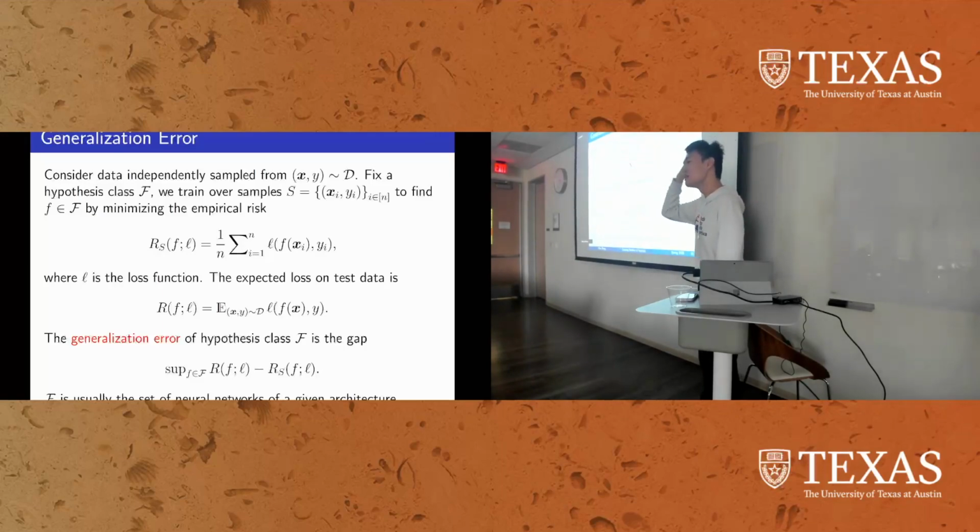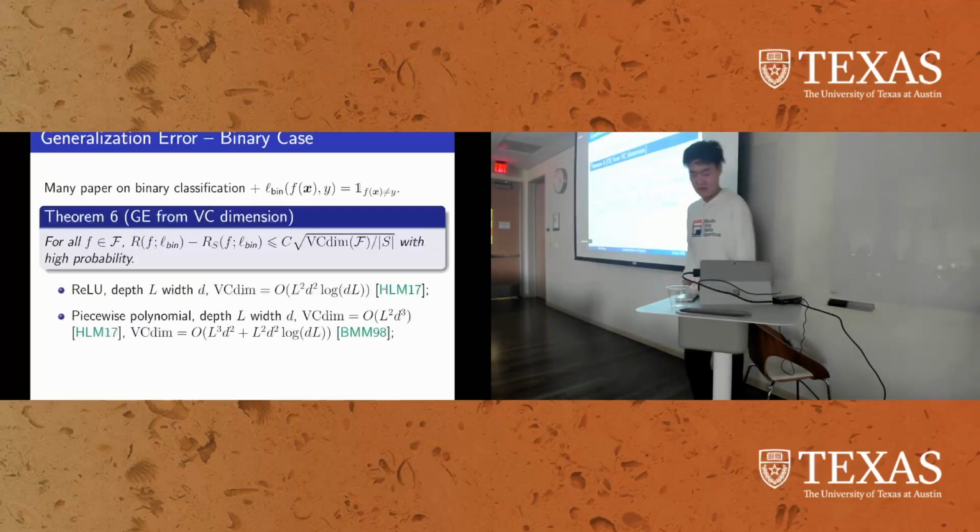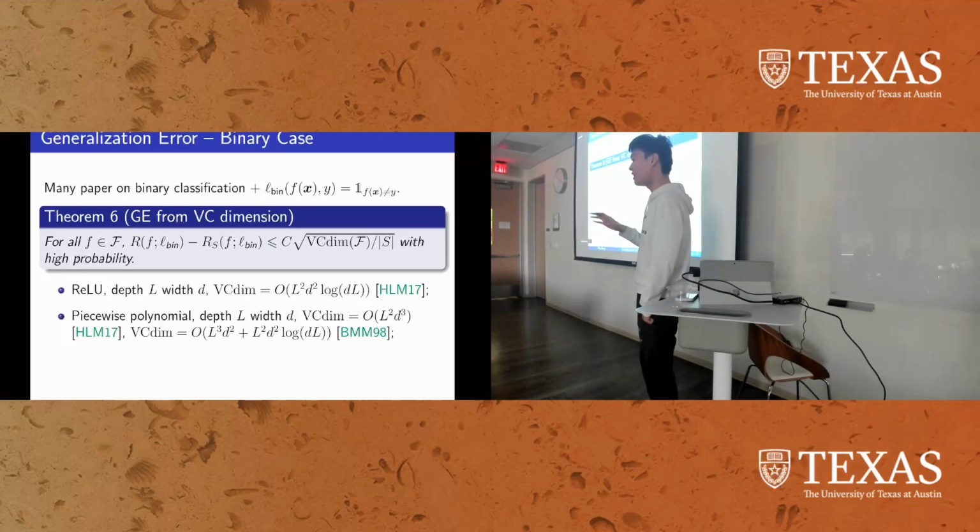Can you say a few words about how these rational networks are approximating ReLU networks? Oh, yeah. There's a paper that shows how large you need these rational networks to be in order to approximate a ReLU network of a given architecture to a certain L infinity error.